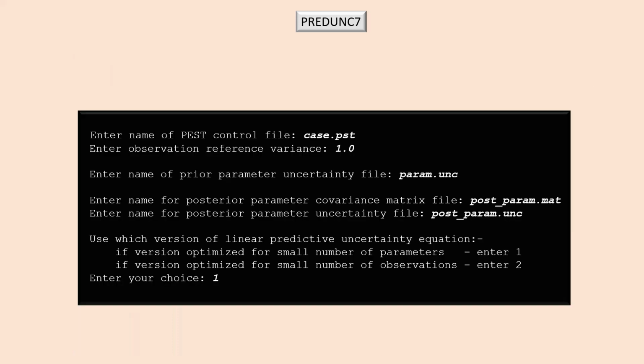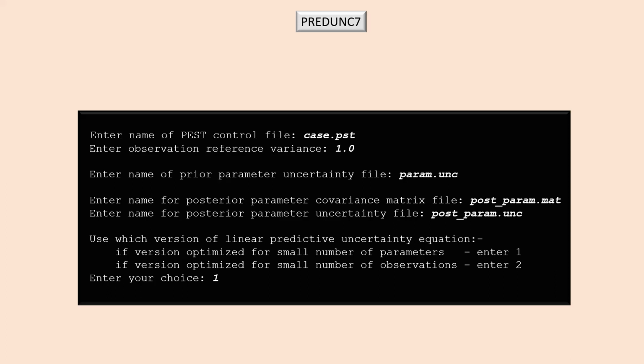Predunc 7 does not receive its information through the command line because there's just a little bit too much information. It receives its information through responses to its prompts. It asks you questions you have to answer.